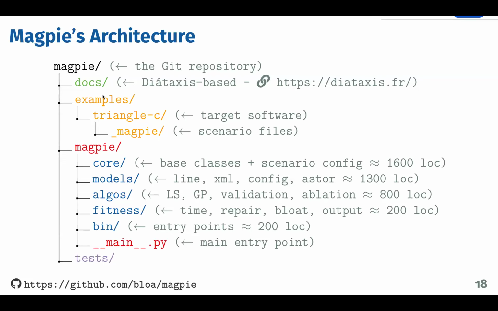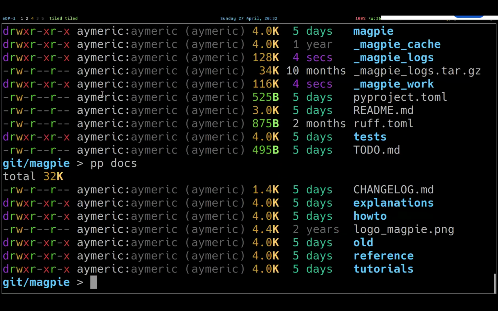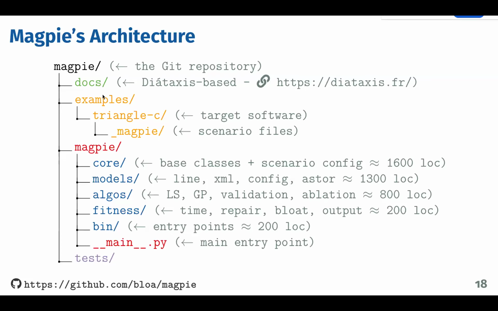So in Magpie, you will have reference pages, tutorial pages, how-to pages, and explanations. It's a really nice resource and something that I want to share. Don't be afraid of the .fr. It's written in English.